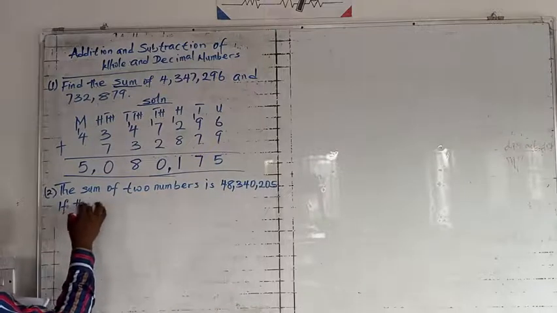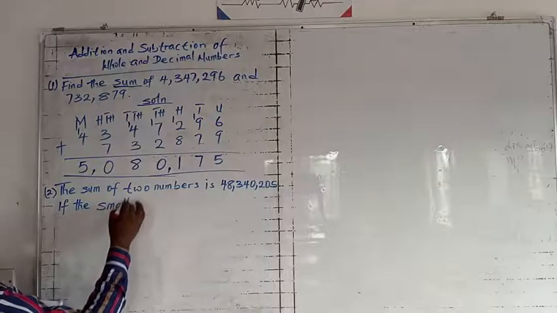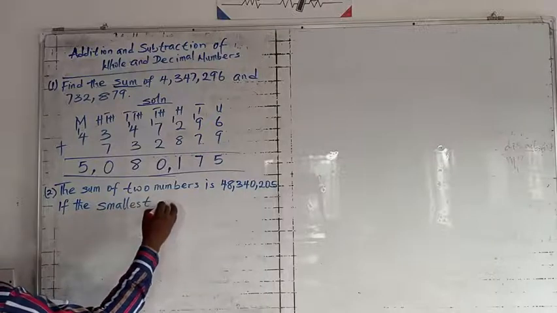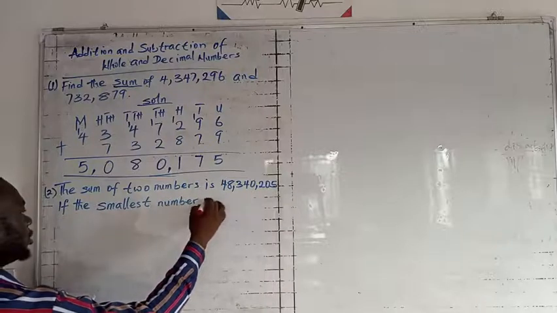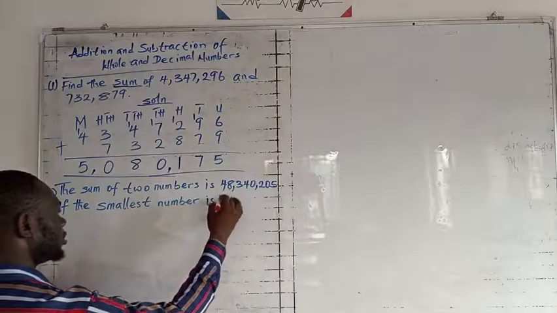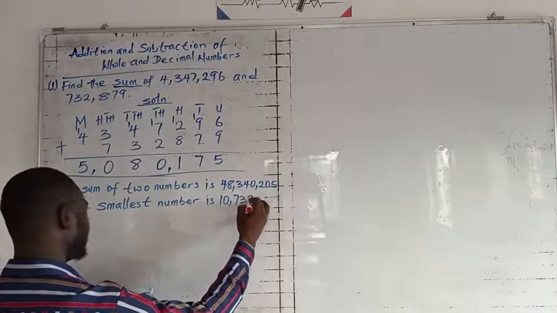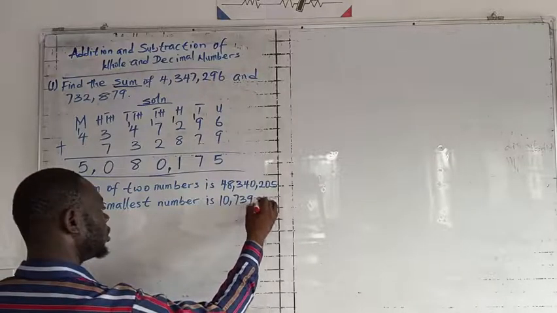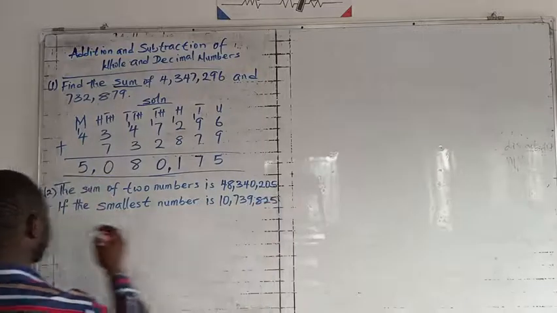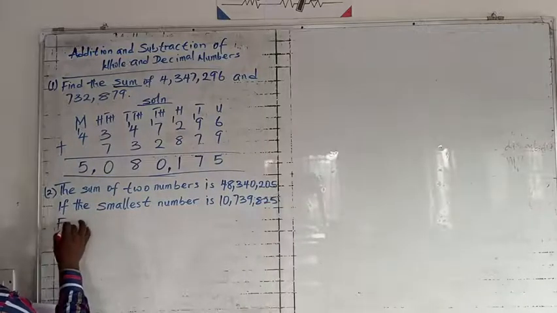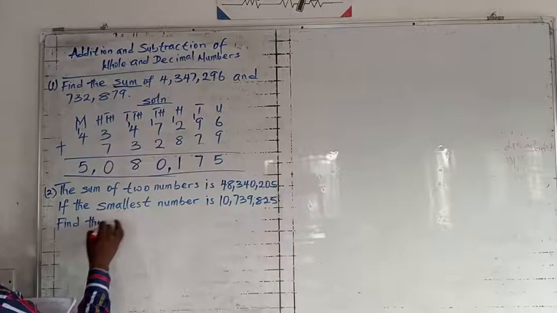If the smallest number is 10,739,825, find the bigger number.